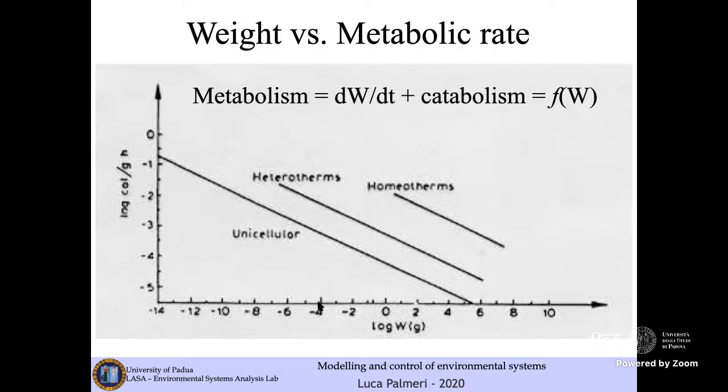If we are talking about grams, here we go from 10 to the minus 4 grams to 10 to the 4 grams. So we are talking about very much larger animals. All these animals, these parameters, are found on a line.